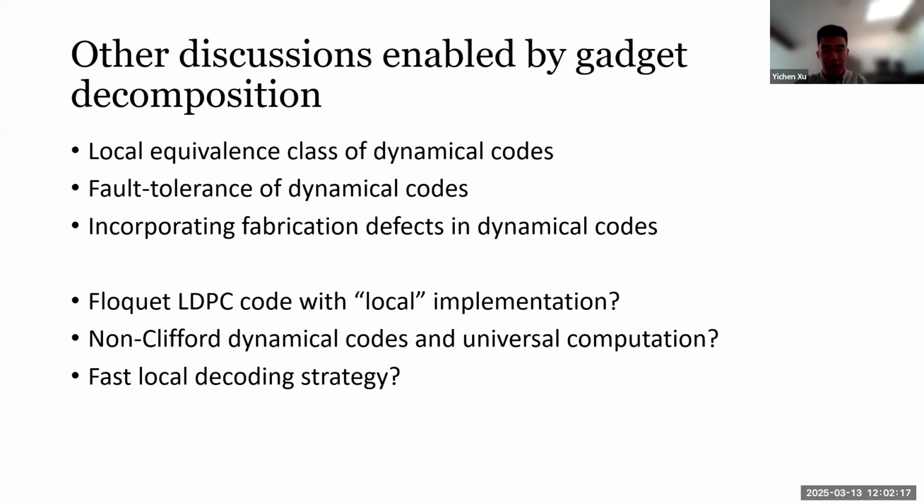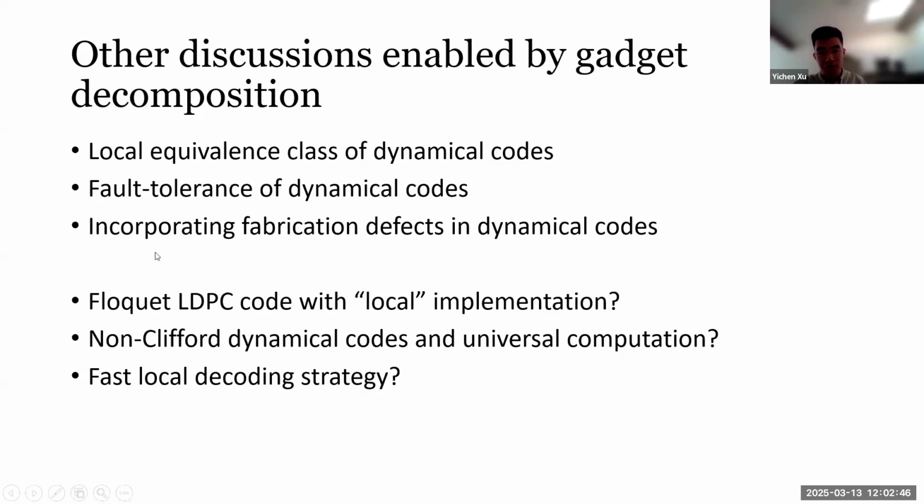The third is that we can incorporate fabrication defects in hardware, since we have this flexible structure of gadgets. Some fabrication defects just correspond to taking out some gadgets or connectors that are defective and that you cannot use as part of the circuit. So we find that our construction using gadget decomposition is very flexible and very powerful in incorporating these fabrication defects.